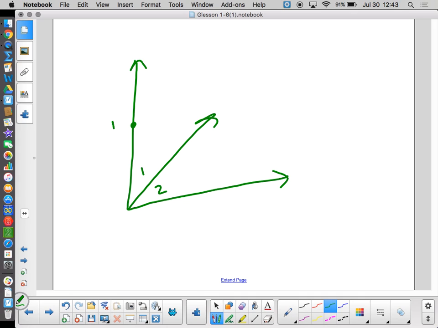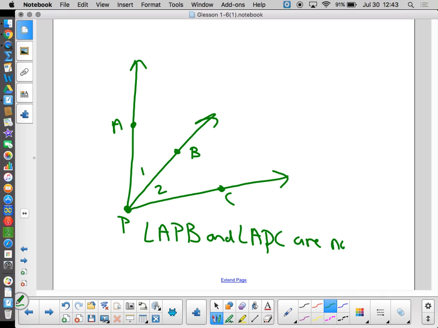We do need to be a little careful with adjacent angles. If I put some points on here, A, B, C, and we'll call this P, angle APB and angle APC are non-adjacent. And the reason is, if I look at this, APB is right here, APC is right here.